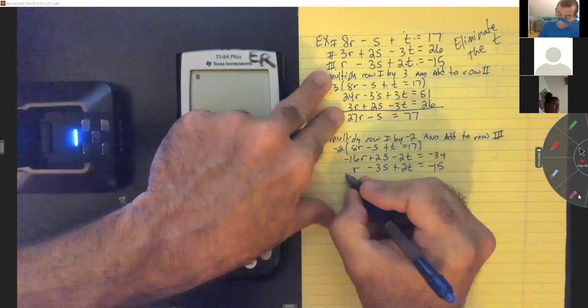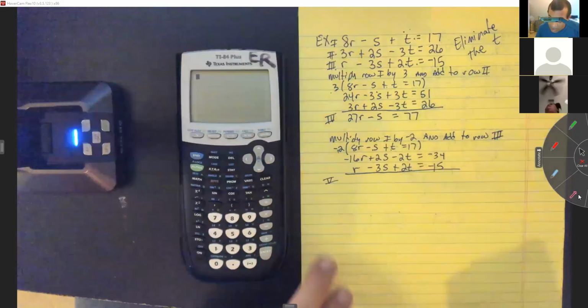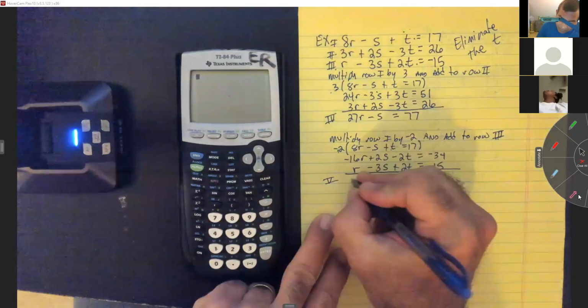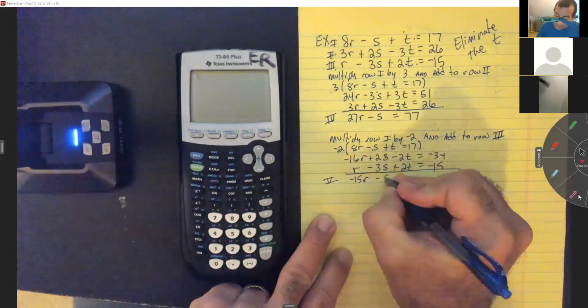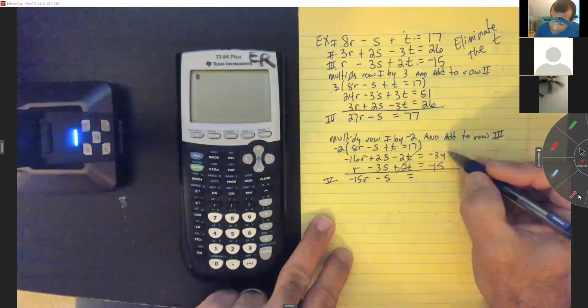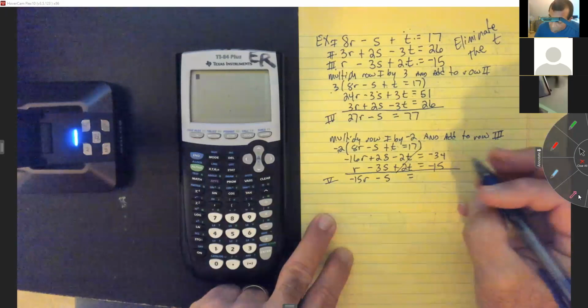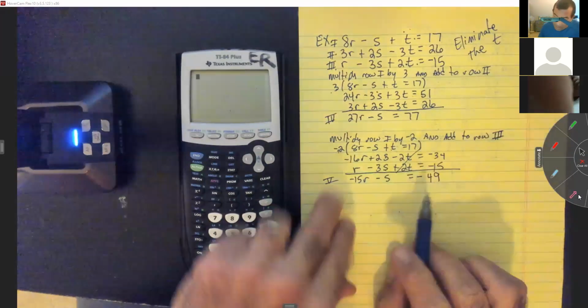When I get done with that, that'll be my row 5. Negative 16 and 1 is negative 15R. 2S minus 3 is a negative S. The T's canceled. Negative 34 and negative 15 is a negative 49.